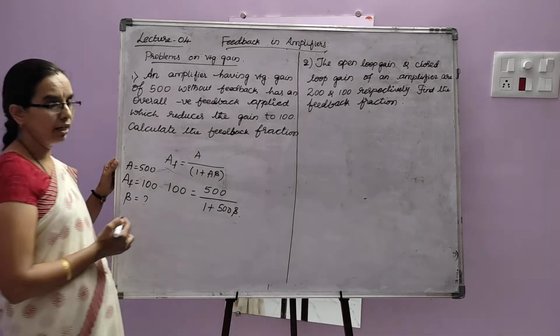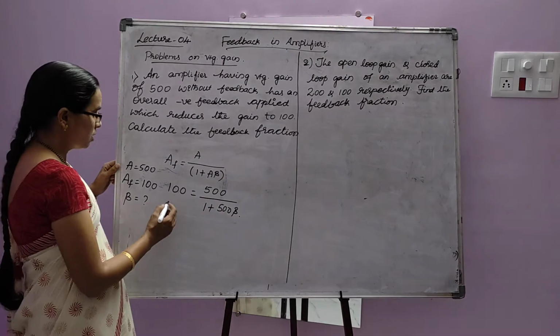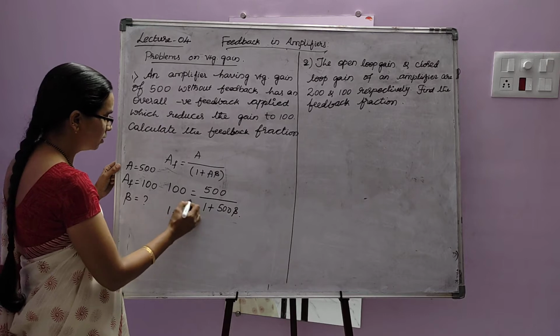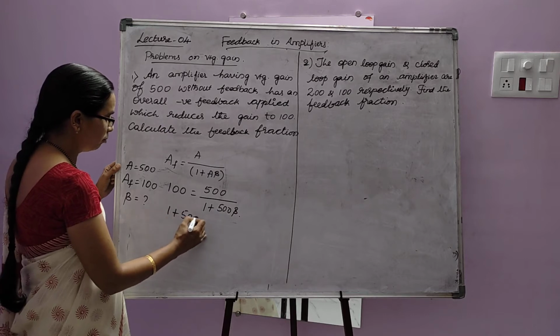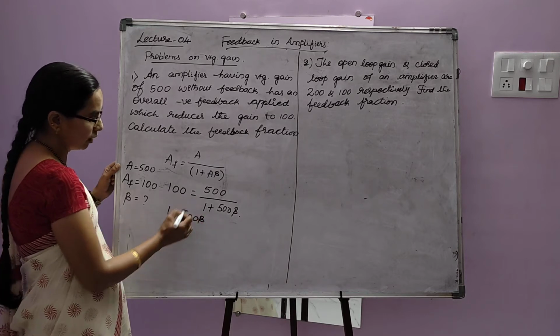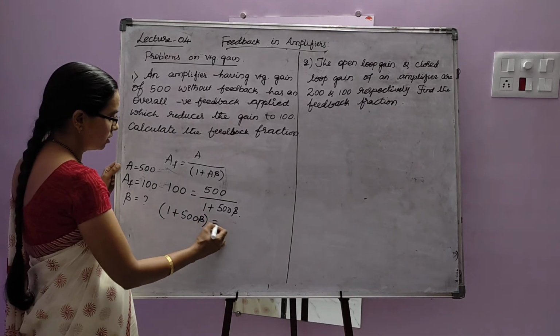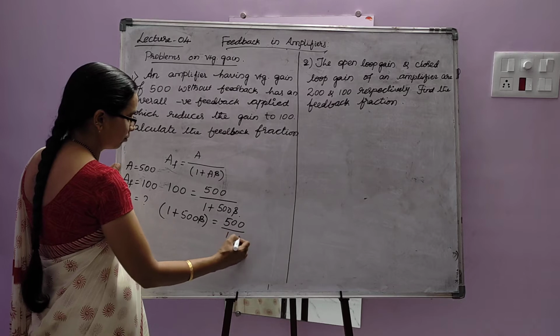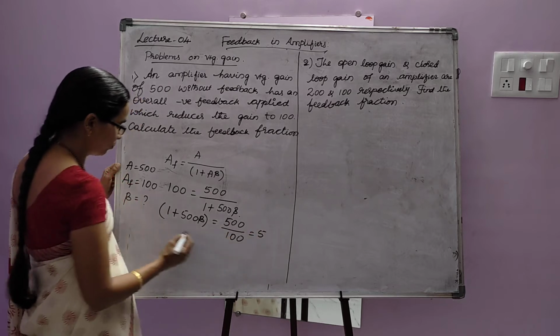500 is the gain without feedback. So 100 equals 500 divided by 1 plus 500 beta. The above can be written as 1 plus 500 beta is equal to 500 divided by 100, which is equal to 5.